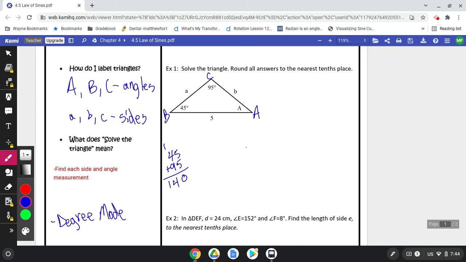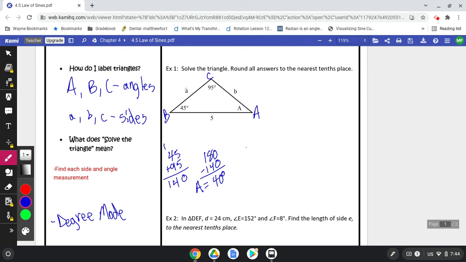Now at this point, we can just take 180 minus that 140. We're left with 40 degrees, which is what angle A is equal to. The reason we needed to do that is without that missing angle, we could not find A.